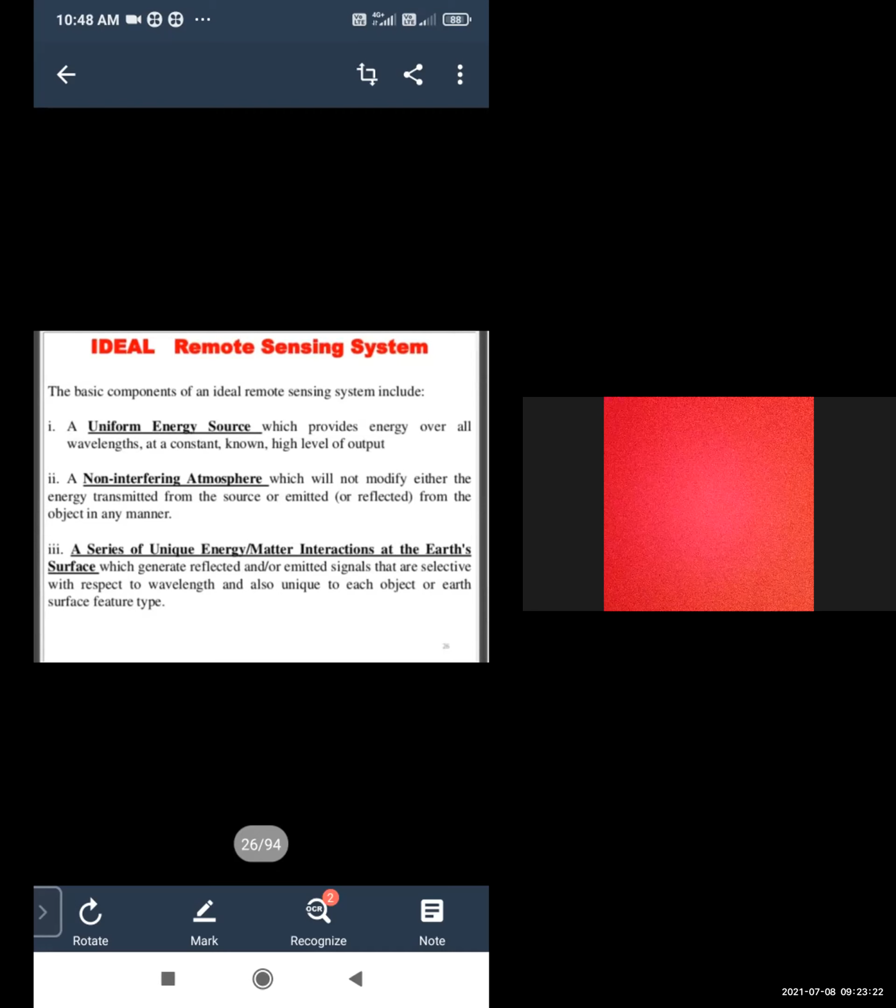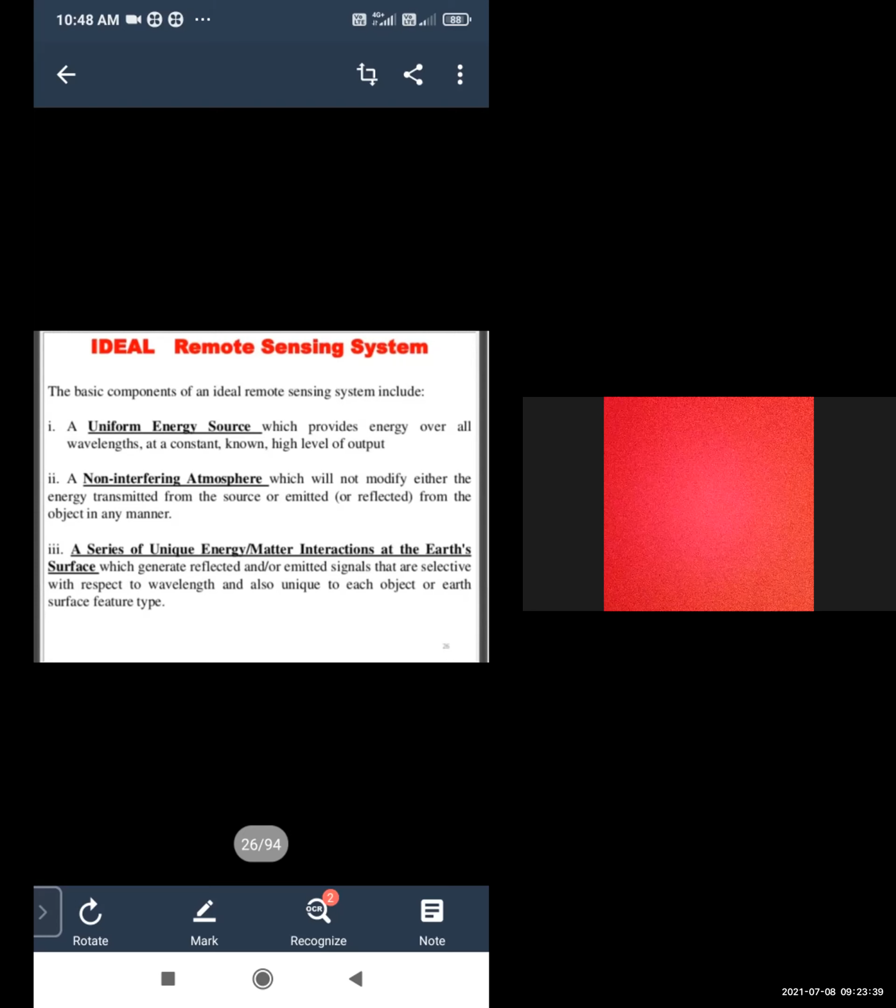The second ideal condition is a non-interfering atmosphere, which will not modify either the energy transmitted from the source or emitted from the object in any manner.